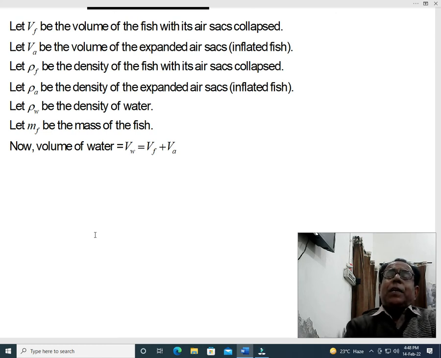What is Vf and Va? We have already explained in the first two lines of our solution. Now volume of water Vw is equal to Vf plus Va, where Vf is the volume of the fish with its air sacs collapsed, while Va is the volume of inflated fish.